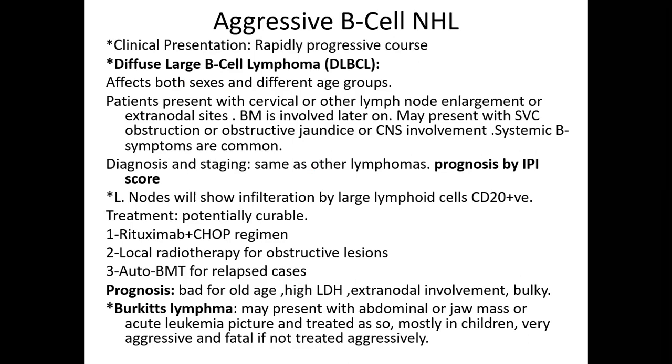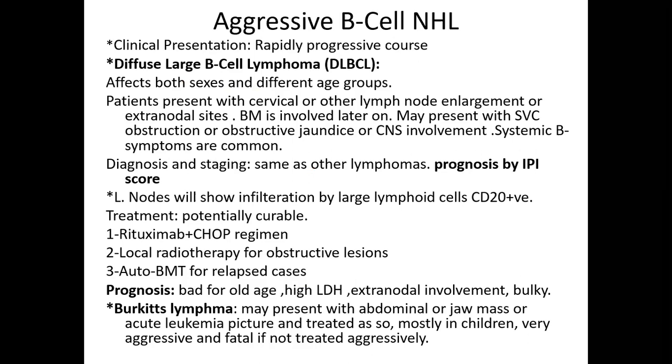The treatment, the disease is potentially curable, so we try to give the patient aggressive chemotherapy from the start. The best regime is rituximab plus CHOP. CHOP is abbreviation of 4 medications.